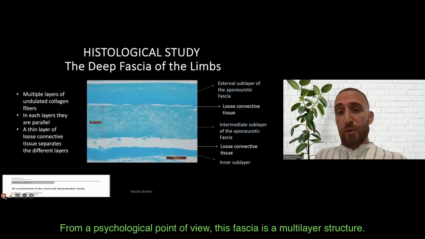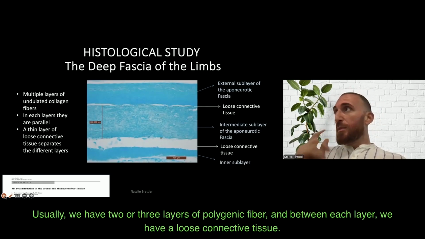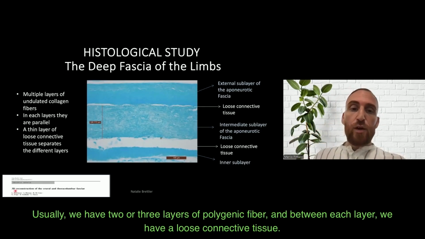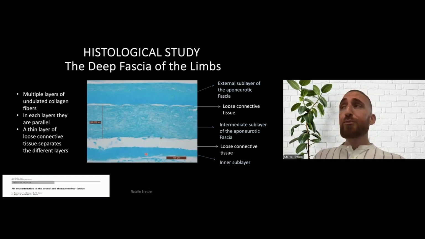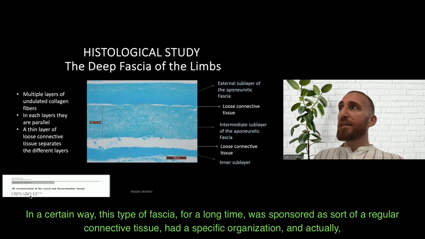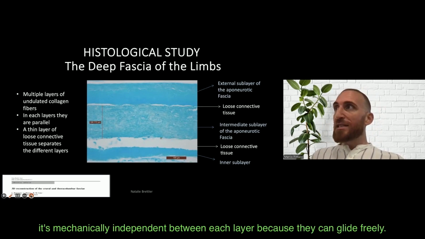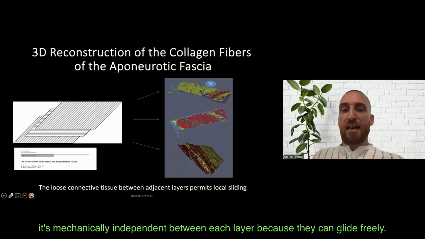From a histological point of view, this fascia is a multi-layer structure. Usually we have 2 or 3 layers of collagen fiber, and between each layer, we have loose connective tissue. In a certain way, this type of fascia, which for a long time was considered a sort of irregular connective tissue, has a specific organization, and actually is mechanically independent between each layer because they can glide freely.